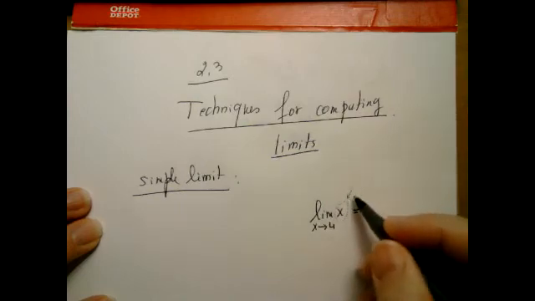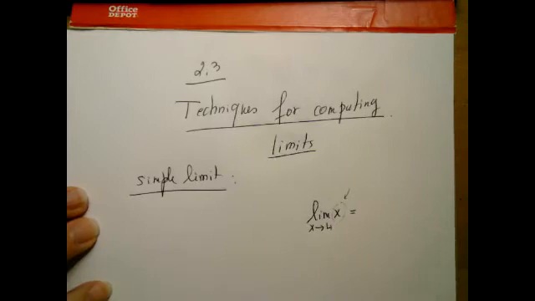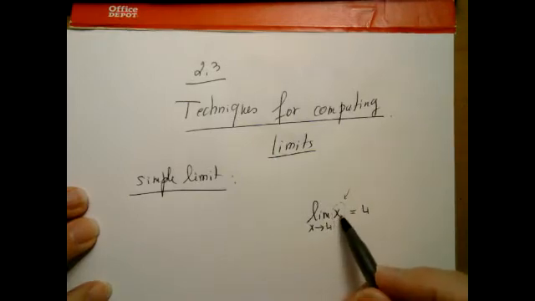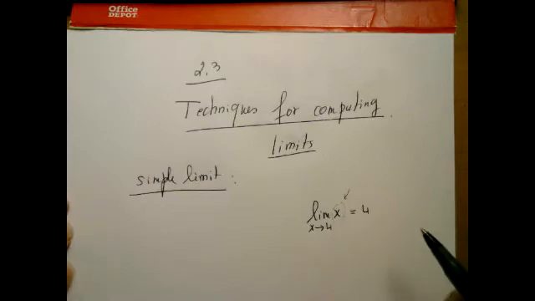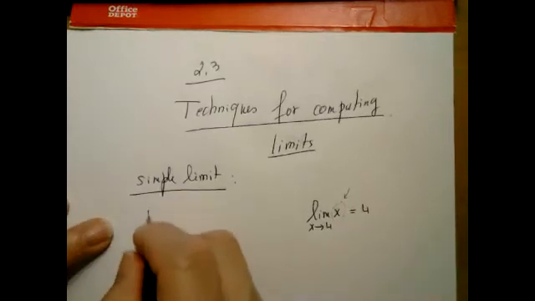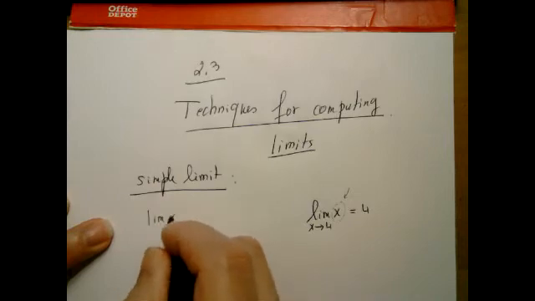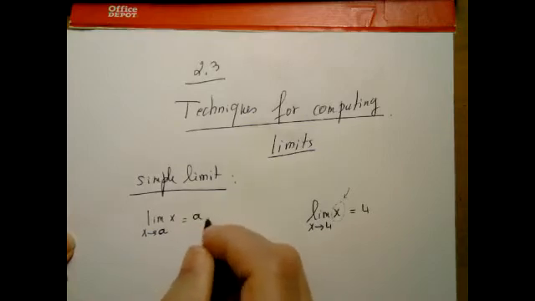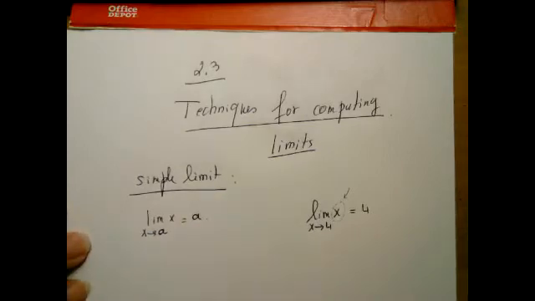So when x becomes close to 4, what type of value does x take? It takes 4, because if you take values close to 4, like 4.1, 4.01, x is becoming close to 4. So in general, if you have x itself, as x becomes close to a number a, the limit is you just plug in a. I mean, that's really as simple as that.